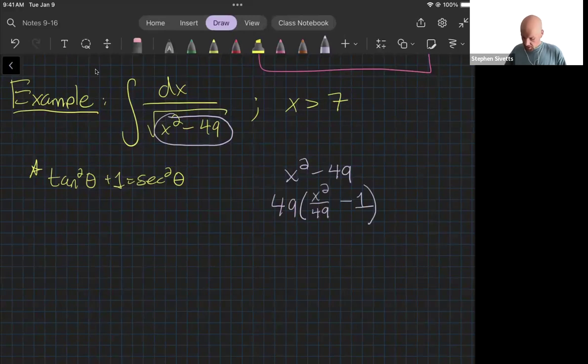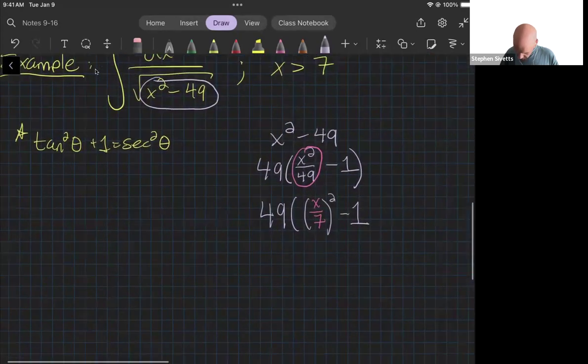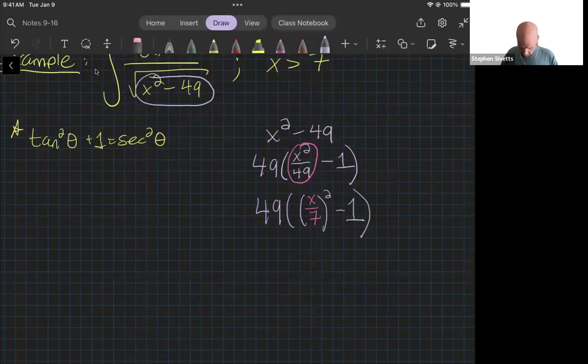And then even further, we can rewrite that quantity as 49 times x over 7 squared minus 1. Okay?